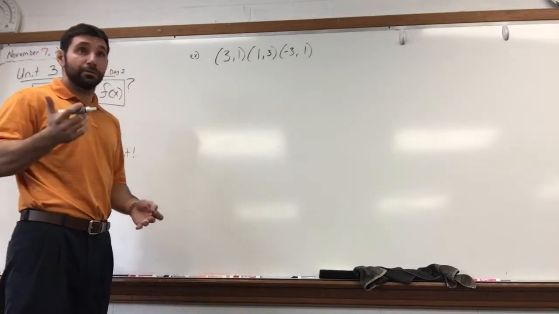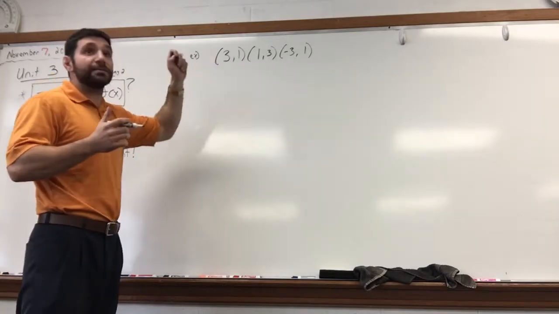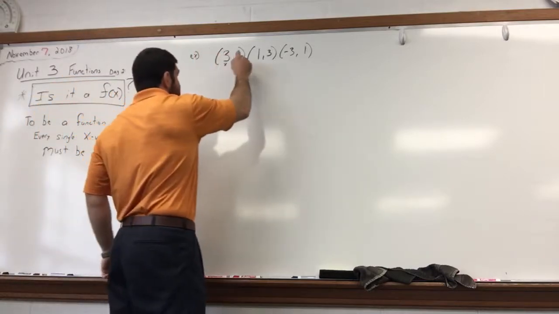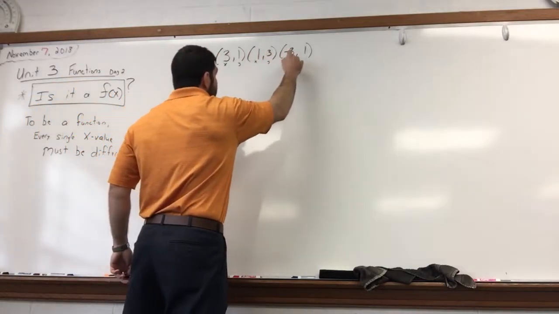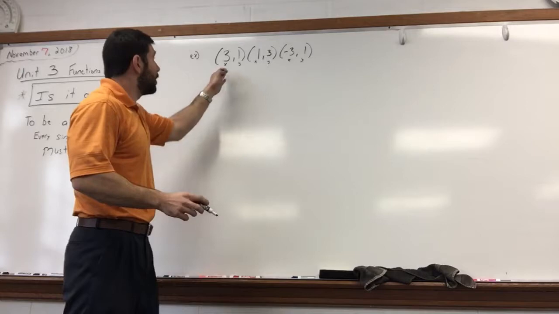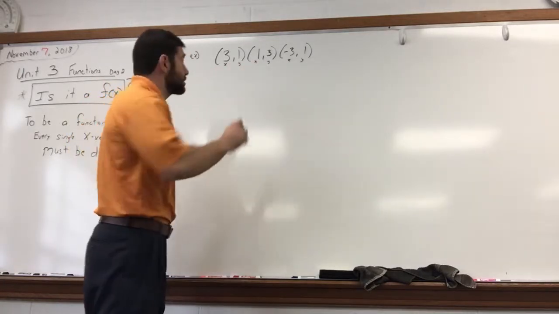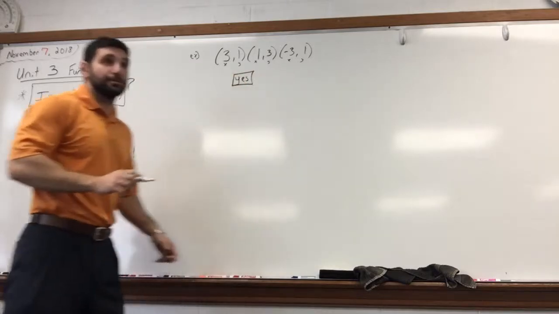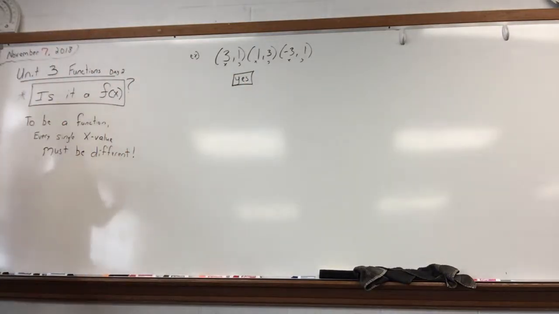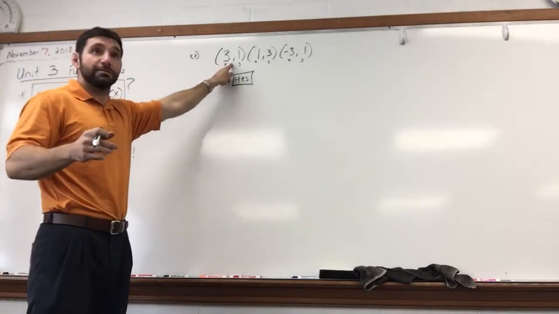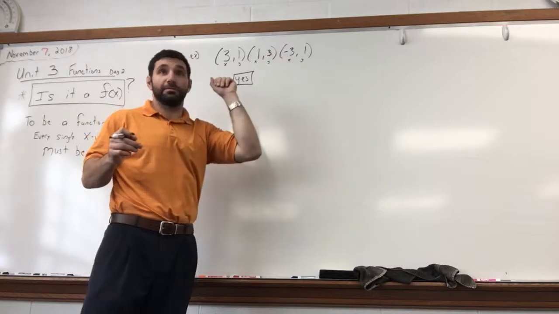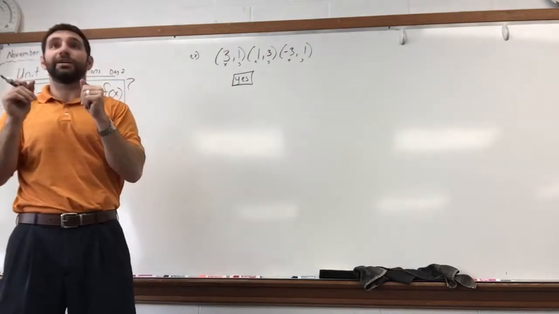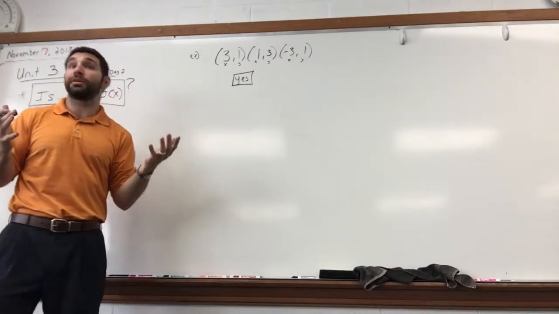This is x, y; x, y; x, y. To be a function, all of the x values must be different. That was in ordered pairs. Remember when I said the relations? These are relations. The ordered pairs are the relation. The group together is what we're looking at.